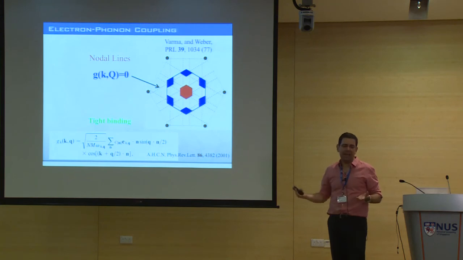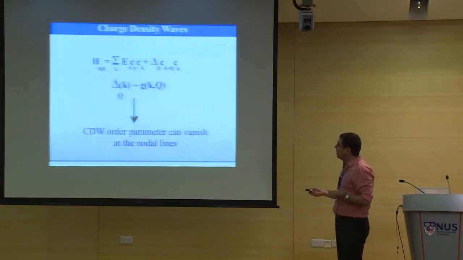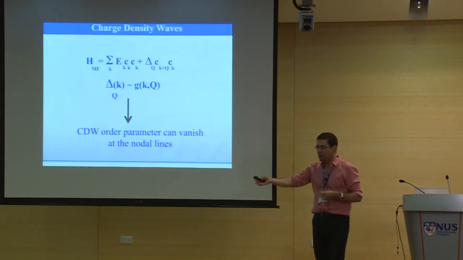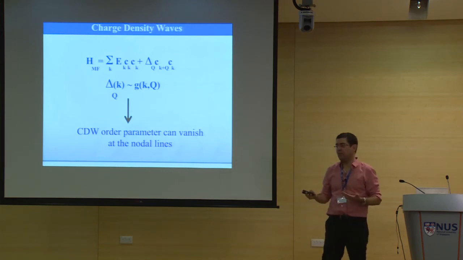So a big variation of the electron-phonon coupling in the Brillouin zone. Okay? So based on this, you see that the charge density wave order parameter, which is proportional to the electron-phonon coupling, also has to vanish.